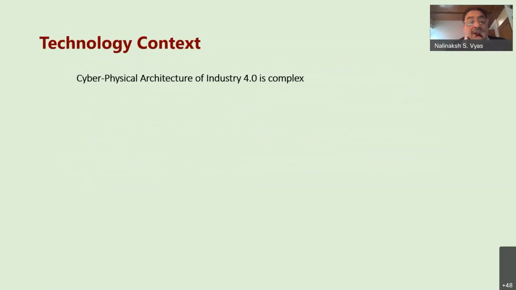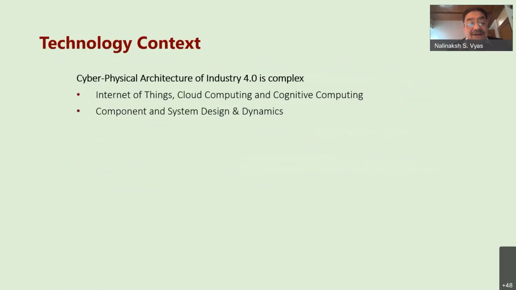Now, the technology context of cyber physical systems involves Internet of Things. It involves system design and dynamics. We also had a component of design where coach design and coach dynamics had to be understood.